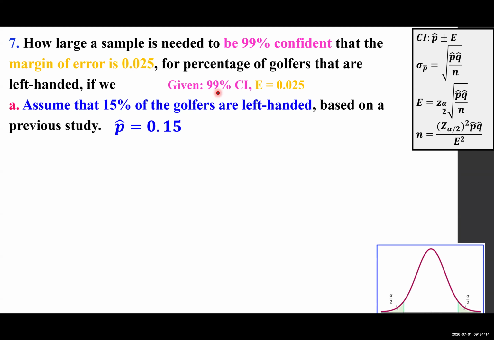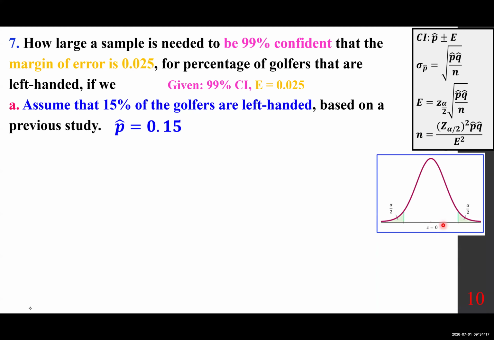For 99%, the total area in the tails is 1%. That means 0.005 in each tail, and that is a common value. So 99% is in between, and those are the two values. So the z is plus minus 2.575. It is also a common value, everybody.